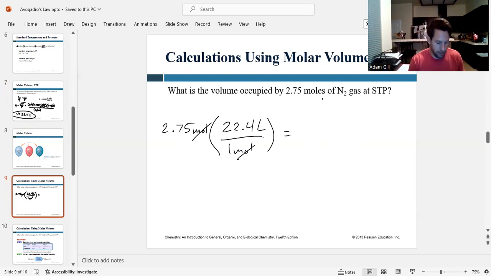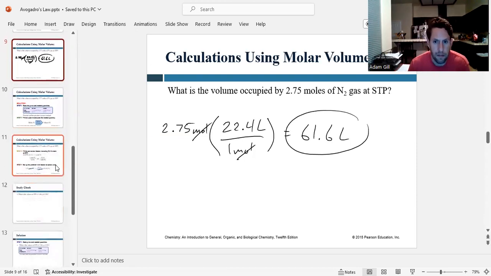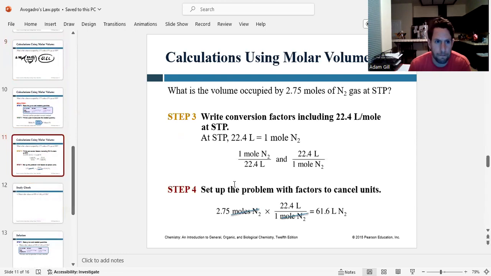And we should get 61.6 liters. And it looks like we did it right.